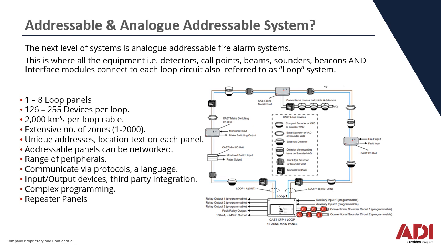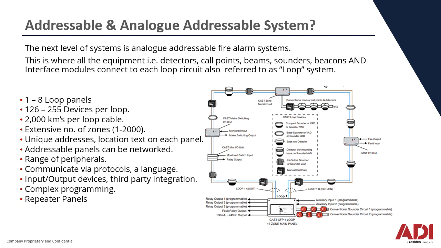Next is addressable or analog addressable systems. This is where all the equipment, that is detectors, call points, beams, sounders, beacons, and interface modules, connect to each loop circuit, also referred to as a loop system, featuring 1 to 8 loop panels, 126 to 255 devices per loop, 2,000 meters of cable per loop, extensive number of zones.